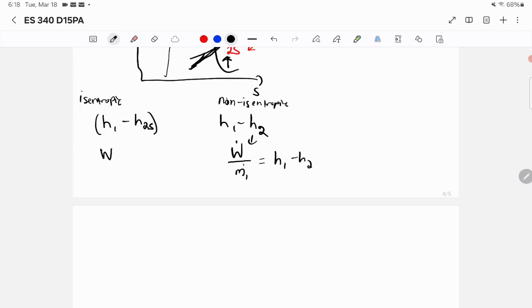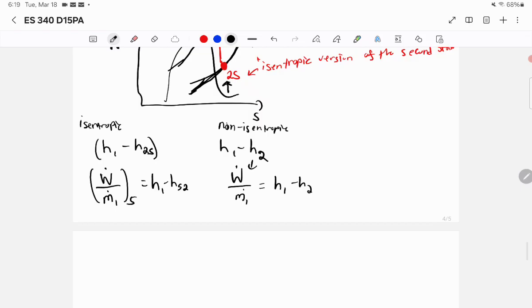So that's my W dot there. And then this is going to be my W dot over m1 dot at S, and when I put this S here, I mean isentropic, it is going to be equal to H1 minus H2S.